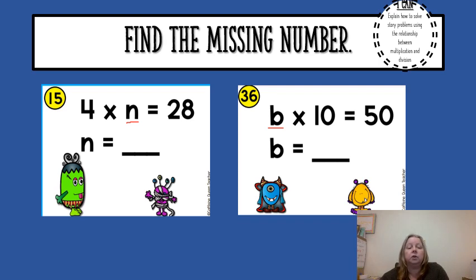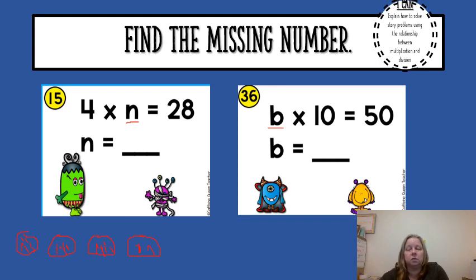Now, remember, there are several strategies. You could do an array. You could do 4 in a row and then keep going until you get to 28. You could do 4 circles for equal groups and count them out. 1, 2, 3, 4, 5, 6, 7, 8, 9, 10, 11, 12, 13, 14, 15, 16, 17, 18, 19, 20, 21, 22, 23, 24, 25, 26, 27, 28.